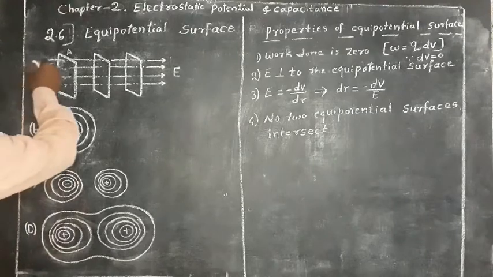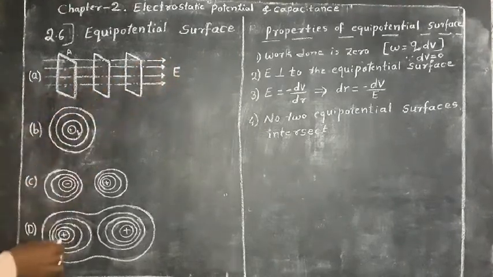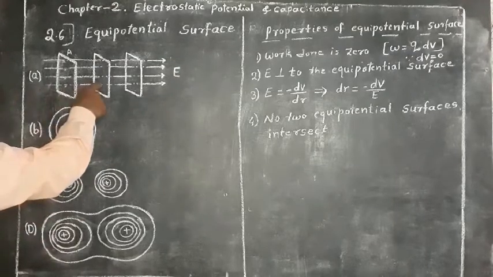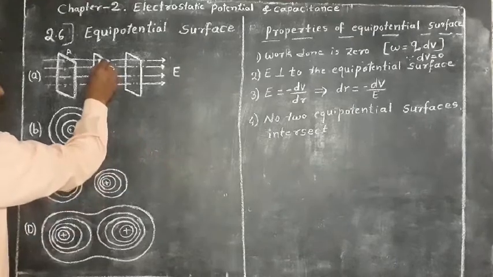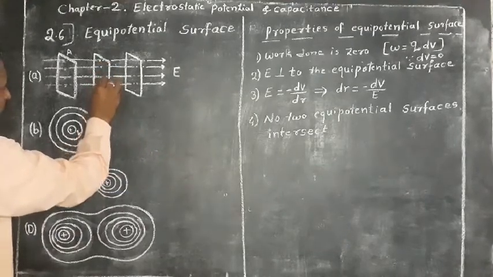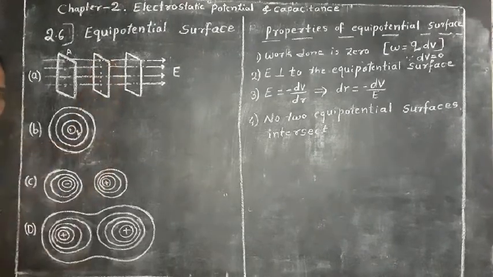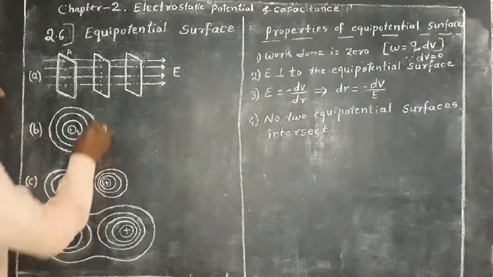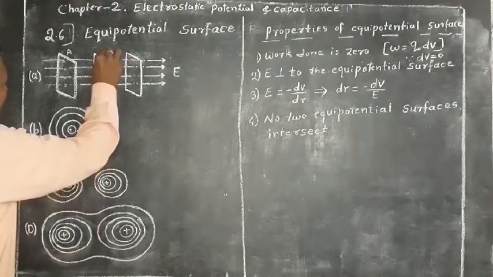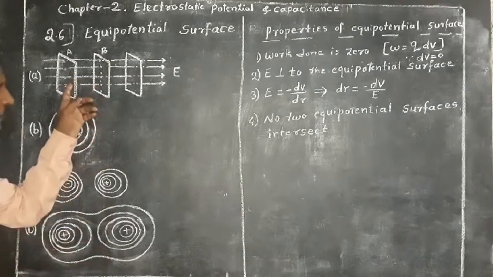Therefore, electric field lines are directed away from the charge. As distance increases, potential decreases. But the potential at each and every point on this surface remains the same. But there is a potential difference between surface B and surface A.